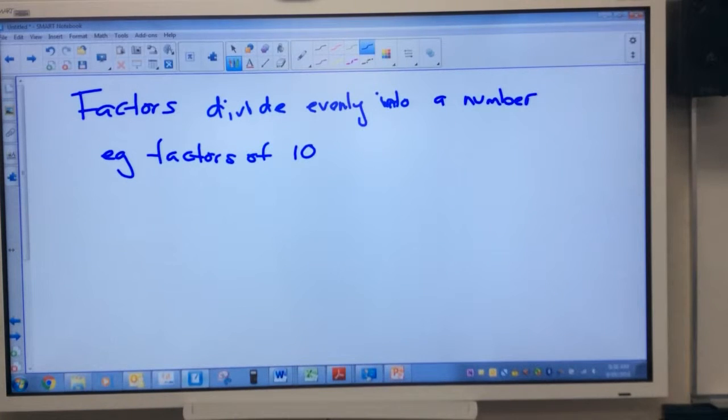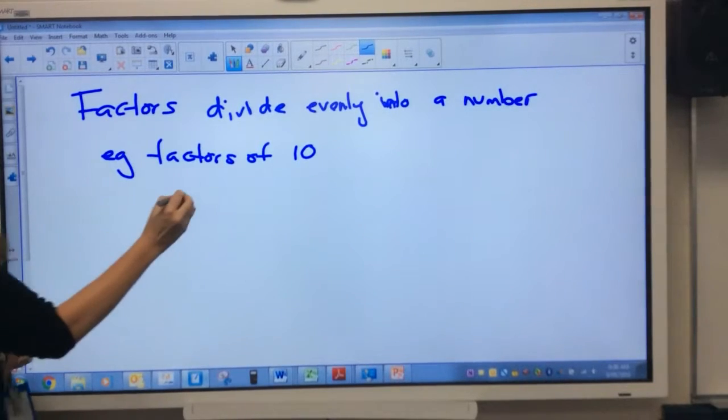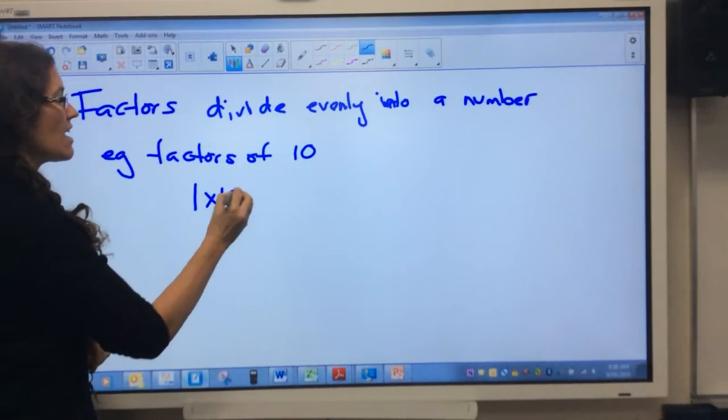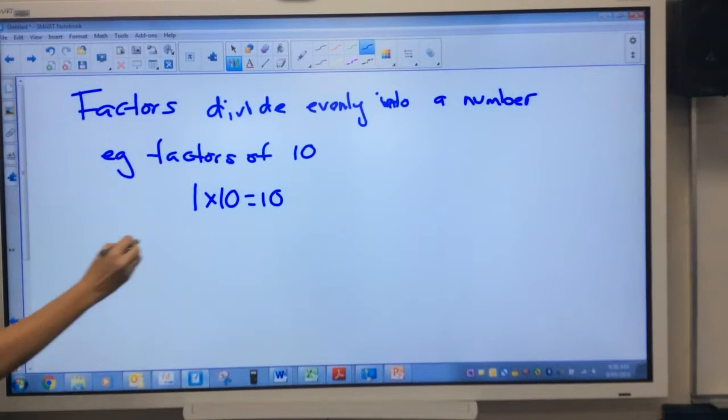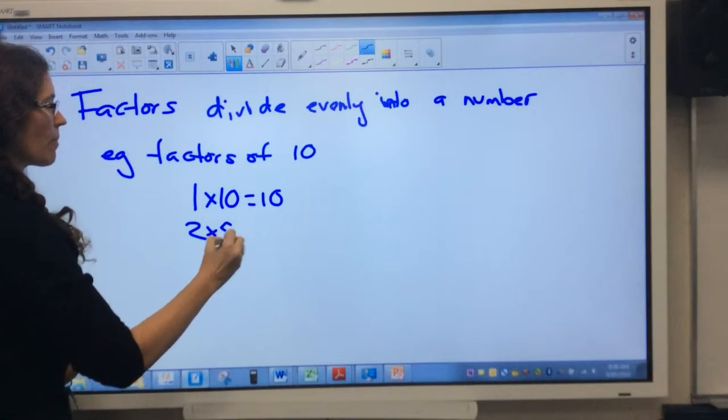So I know to get 10, I could do 1 times 10, couldn't I? So I know 1 times 10 equals 10. Do you know any other multiplications that have 10 as their answer? 2 times 5. Well done.